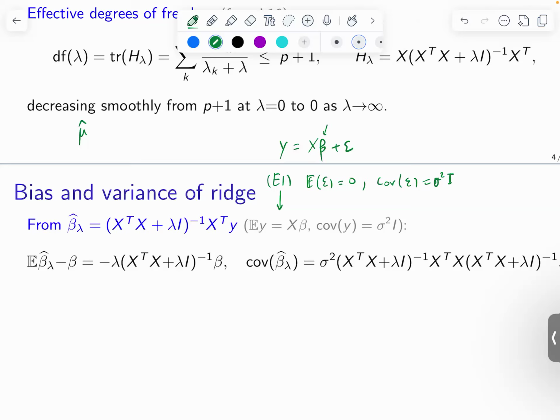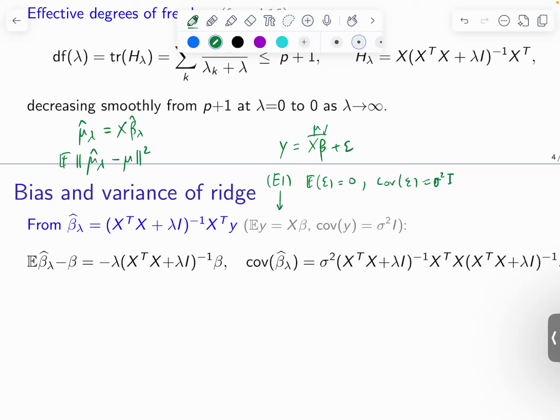So if you have mu hat, let's say, it's worth pointing out that the ridge would give you an estimate of mu, which would just be x beta hat lambda. And I posted a homework problem: you can try to compute the MSE in this sense, so the expectation of mu hat minus mu squared.